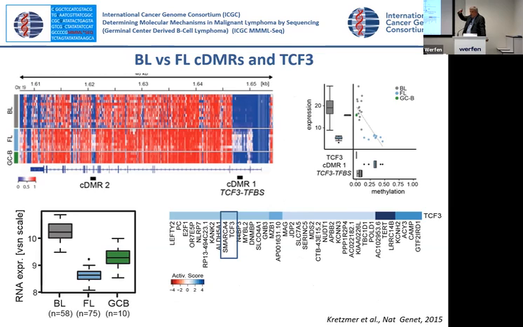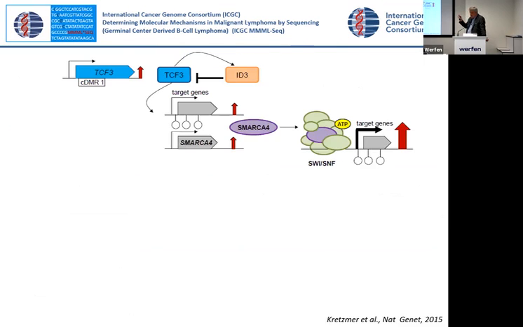So it's a kind of auto loop of DNA regulation via DNA methylation footprints. And it also regulates other key players here like SMARCA4. And if you put all this complicated experimental data together, you come up with a very easy model. In normal B cells, TCF3 is inhibited by ID3, and TCF3 induces ID3, so that's a regulatory loop which leads to homeostasis.